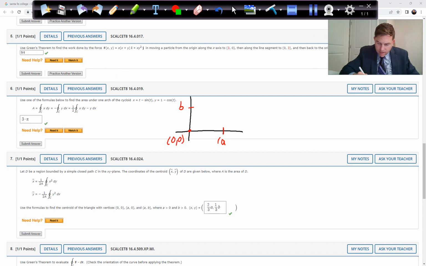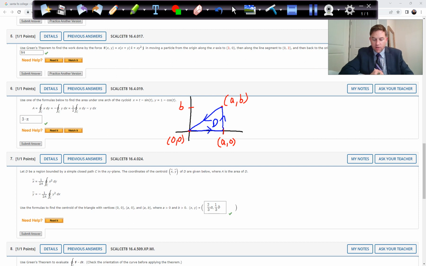It goes to A, 0, and then it goes up to the point A comma B. And it says A and B are both positive, so it's going to be in quadrant 1. Okay, so if we draw this triangle, it's going to go from 0, 0 to this point, then up to this point, then down to this point. So this looks exactly like the problem I had drawn incorrectly from the previous problem. And this is the region D.